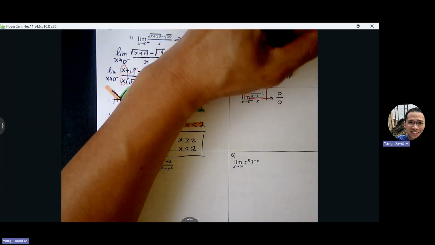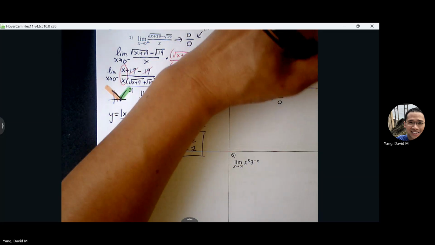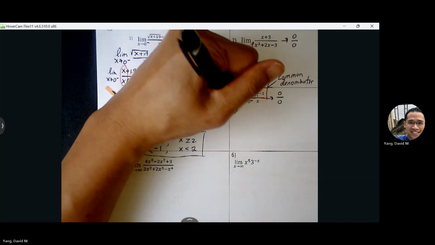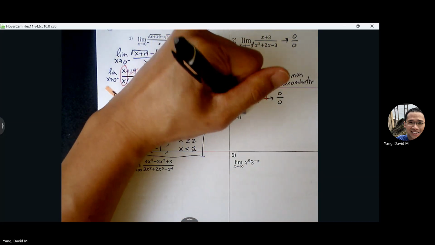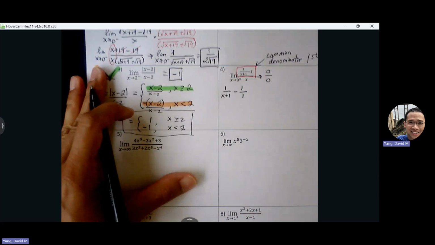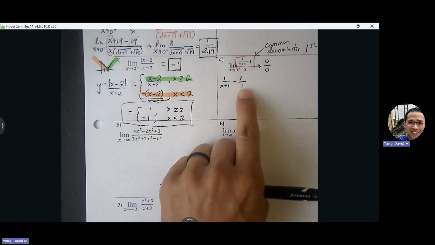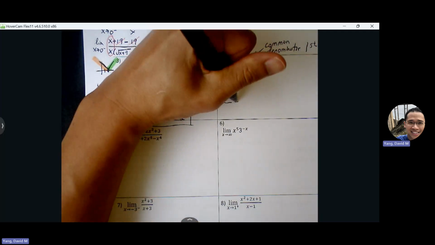So we need to work on building common denominators first. So I'm just stepping to the side here and finding common denominators so that I can merge these together. My common denominator is just going to be x plus 1.